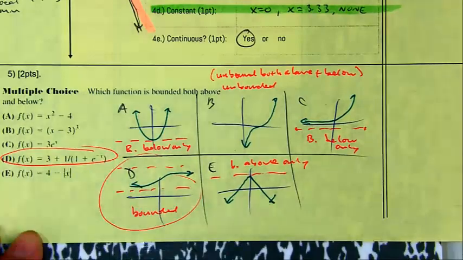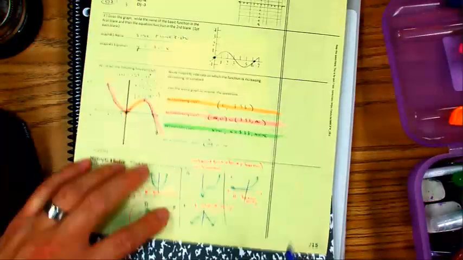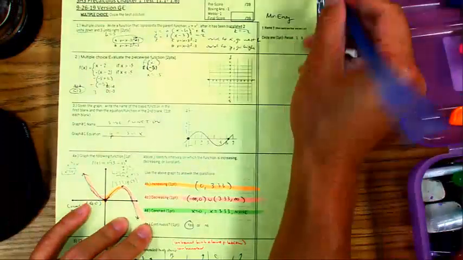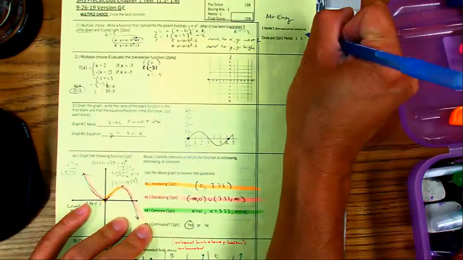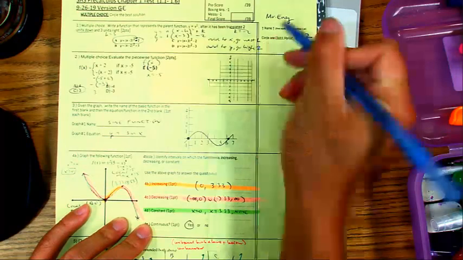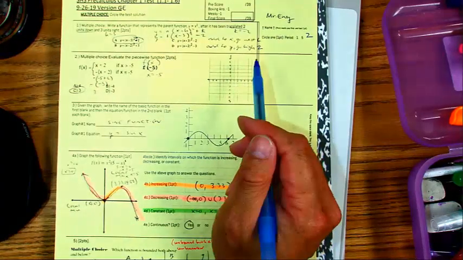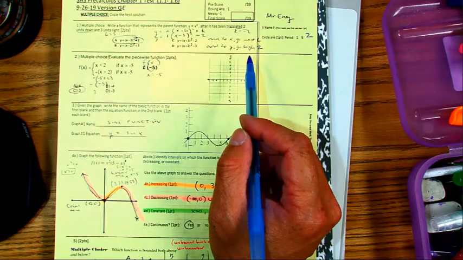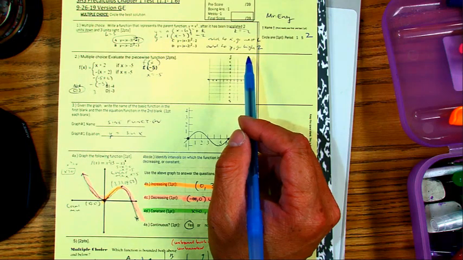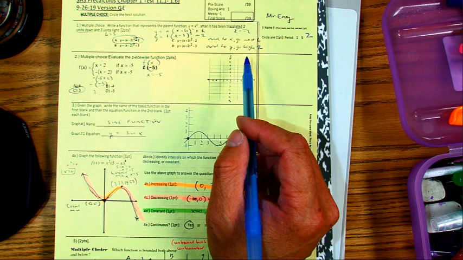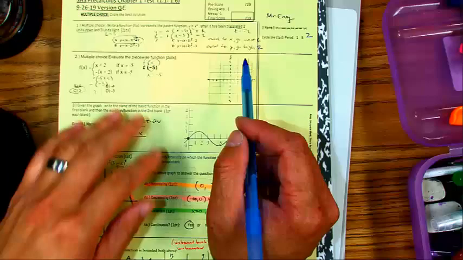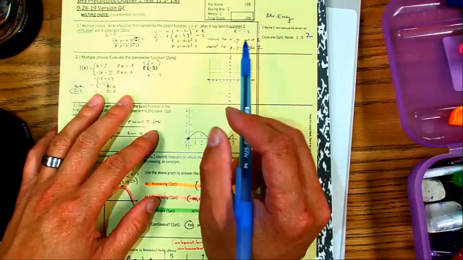Let's count up how many points we got. Alright, I got 1 point for your name and period, 2 points for the multiple choice, which I need to figure out. Let's see. We have to shift it 3 units to the right.